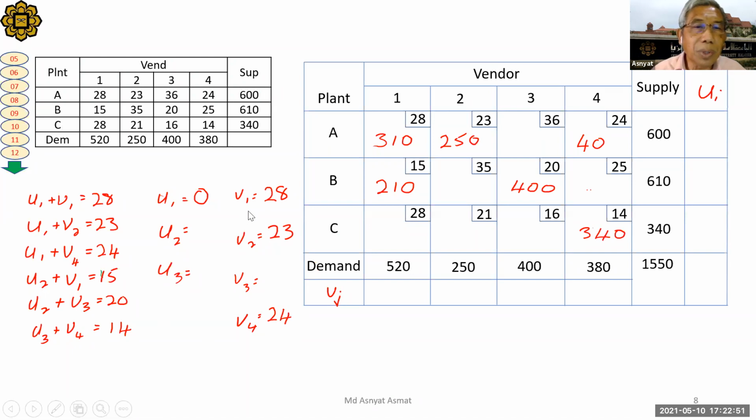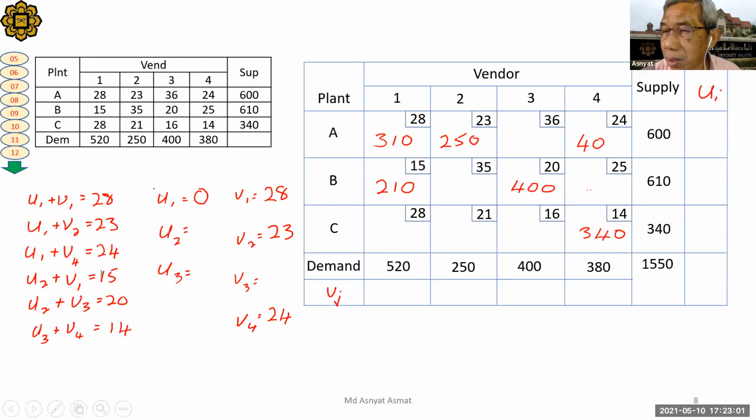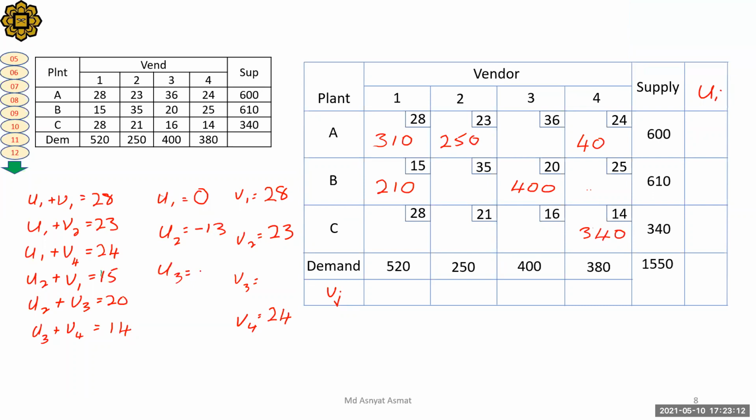Now we know V1. Can we find U2? Yes, negative 13. Negative 13. U3, 33. 33.